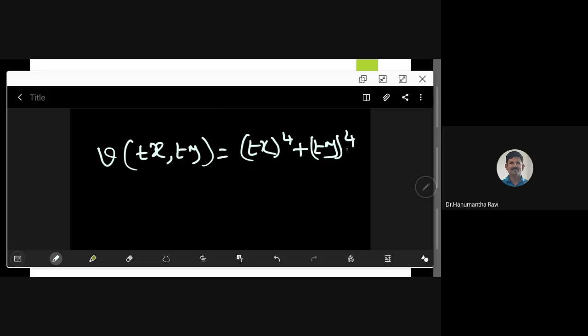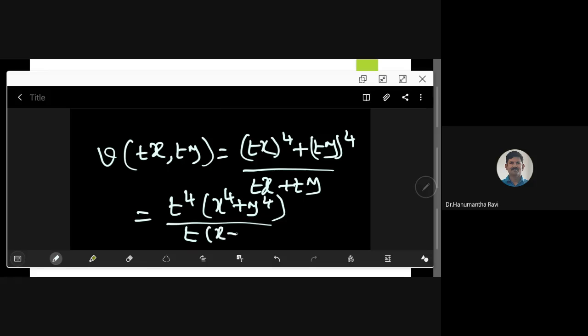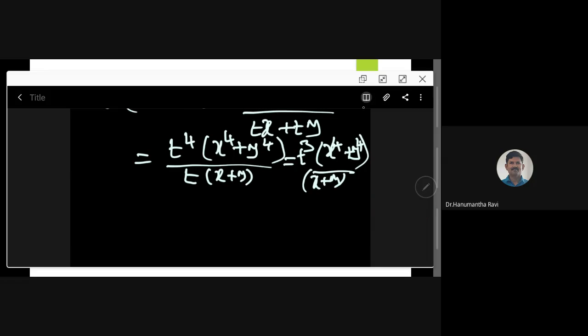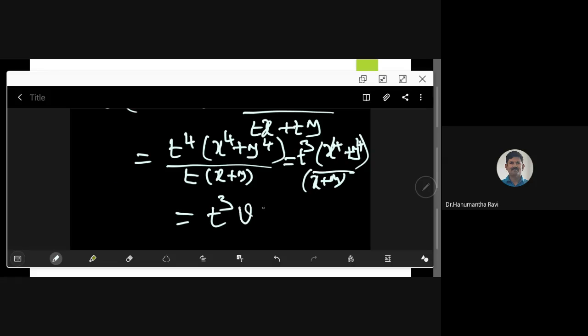So v of tx, ty is tx whole power 4 plus ty whole power 4 by tx plus ty, which is nothing but t power 4 into x power 4 plus y power 4 by t into x plus y, which is t cube into x power 4 plus y power 4 by x plus y, which is further equal to t cube into v of x y.